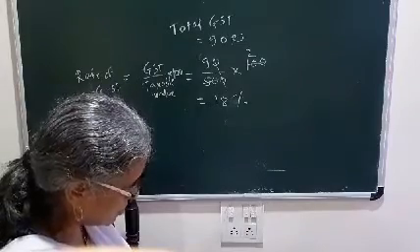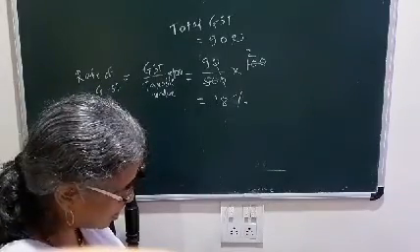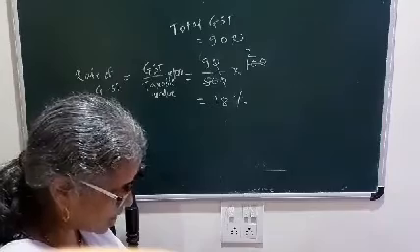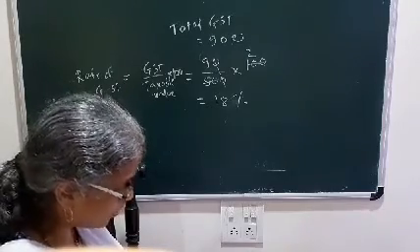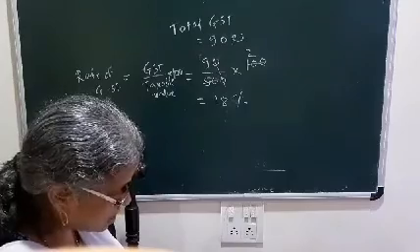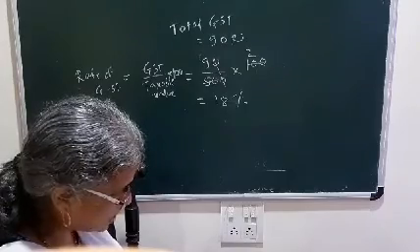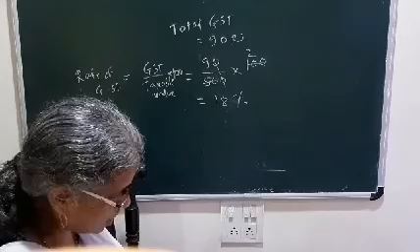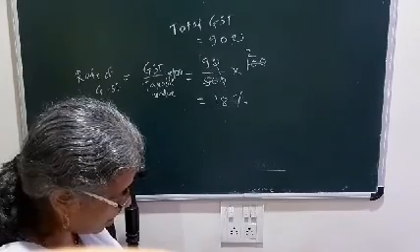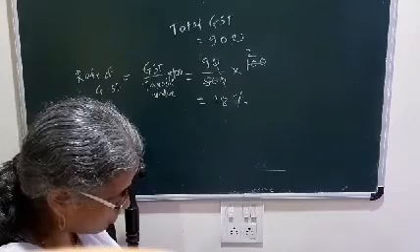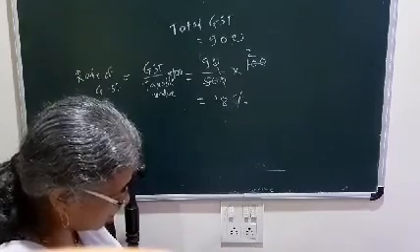Now the third sum: Shrikar bought a laptop with a 10% discount on the printed price, and the printed price was 50,000. 18% GST was charged on the discounted price. Find the amount of CGST and SGST. What amount did Shrikar pay?